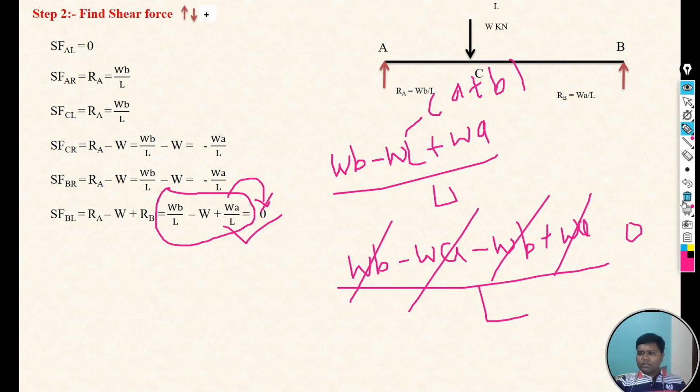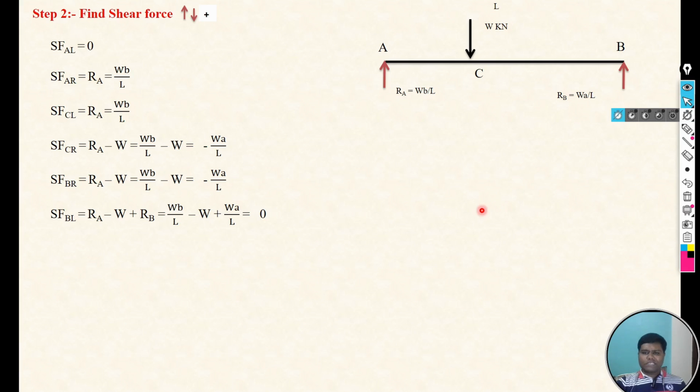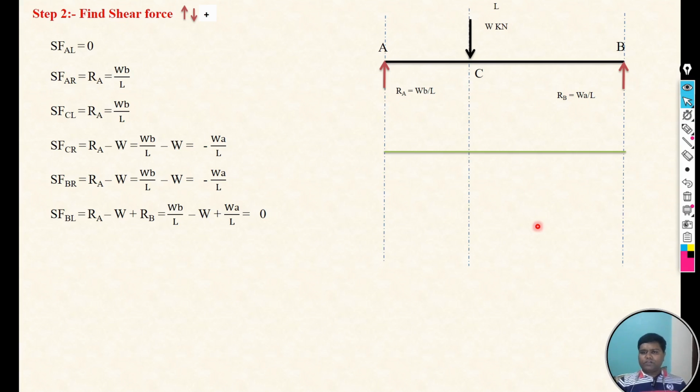Now, once we calculate the shear forces at each point, the next step is what? Draw the shear force diagram. While drawing the shear force diagram, first we need to consider the baseline. If the shear force value is positive, it should be drawn upward, and if it is negative, it should be downward. Here, the shear force at A left is 0, so it will start from this point.